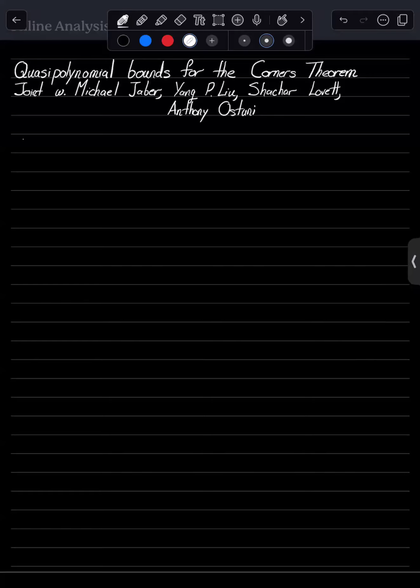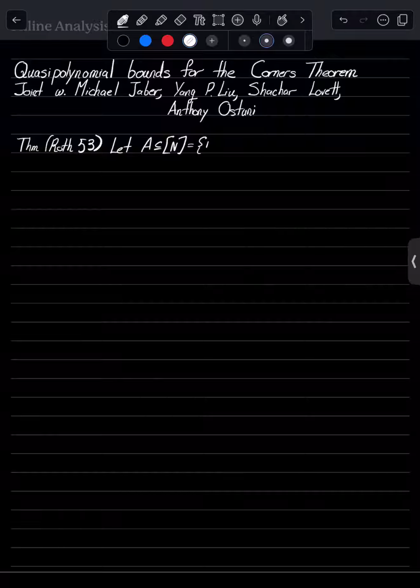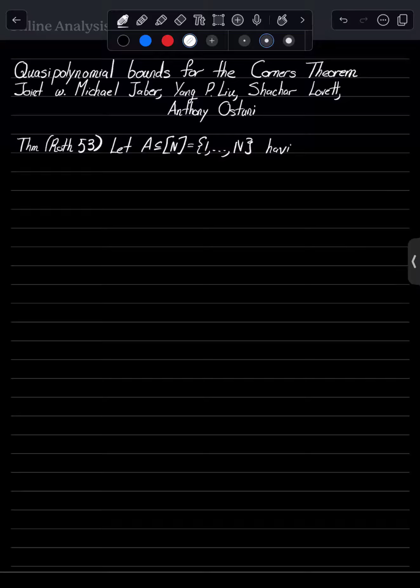So maybe the starting point of everything I'm discussing is a well-known theorem of Roth from '53. Let A be a subset of [n], and by [n] I mean the first n positive integers, 1 through n, having no three-term arithmetic progression.